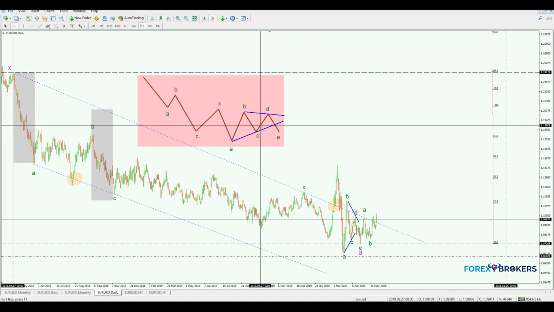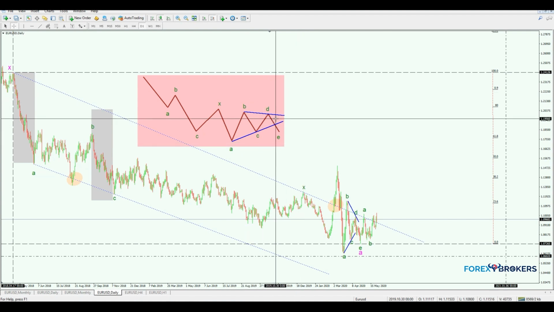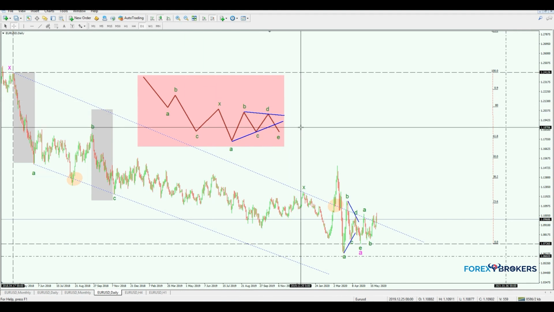And contracting triangles at the end of double combinations are non-limiting triangles. Non-limiting triangles are defined by a non-limited price action to follow after the triangle is broken. And more importantly, a non-limiting triangle often forms a triangle on its own for the E wave of that triangle at the end of the double combination.